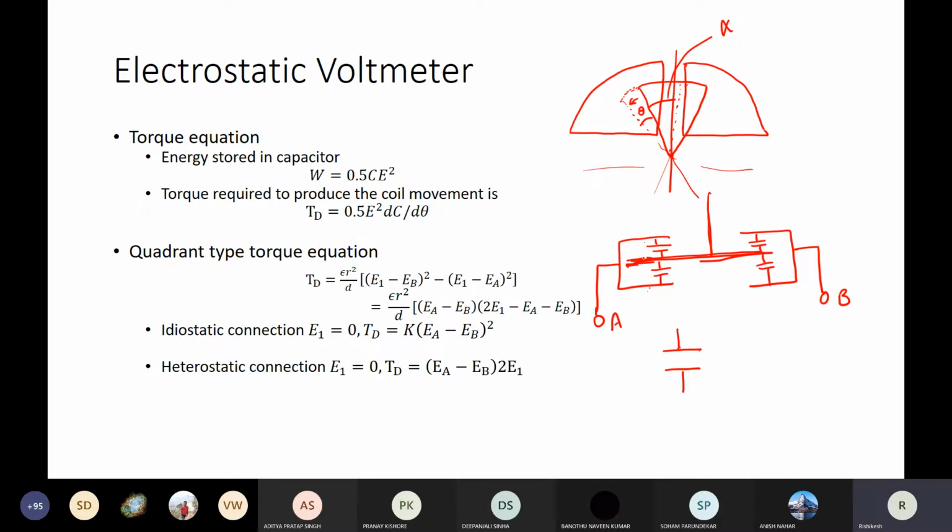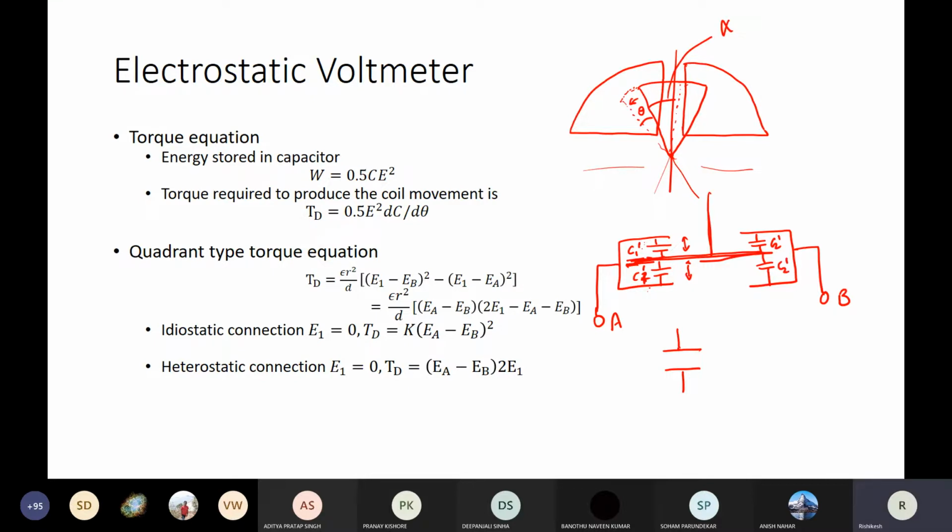Now due to the symmetry in these two cases, because this distance and this distance are the same, okay, these two are like C1 and C2, sorry, C1, C1 dash, C1 dash, and this is C2 dash, C2 dash.